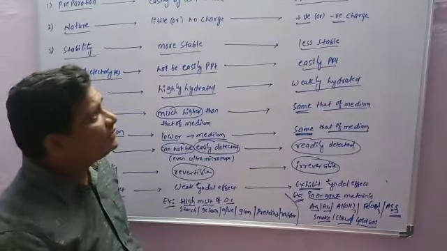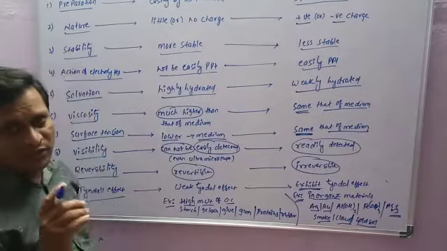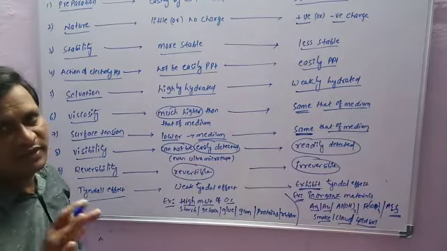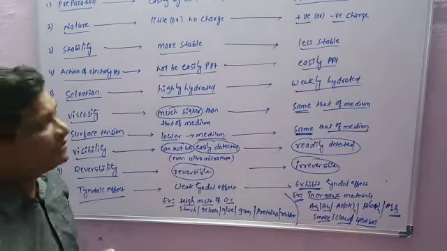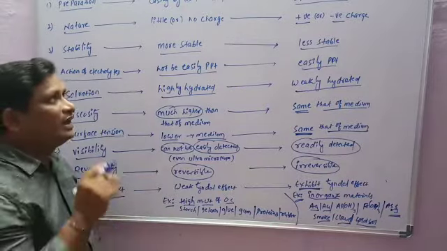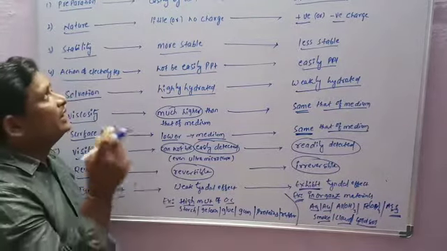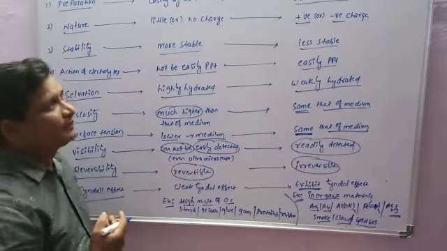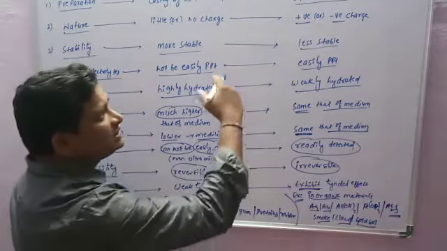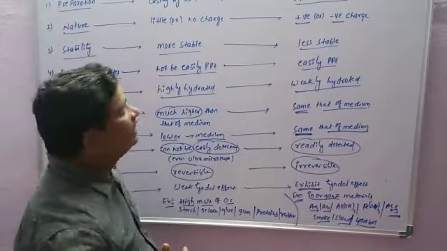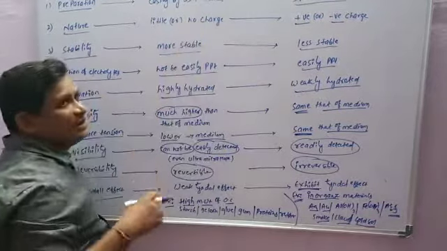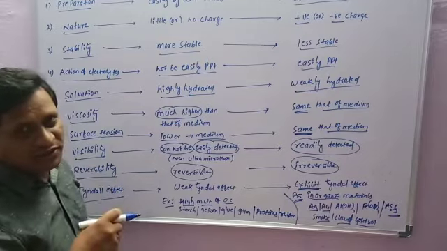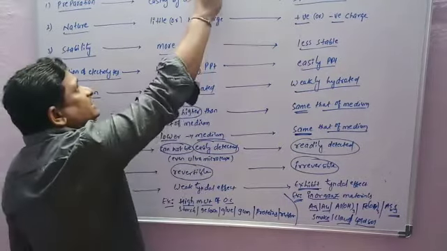So simply, the classification of colloids based on interactions between dispersed phase and dispersion medium is two types: lyophilic and lyophobic. Lyophilic sols are solvent loving, lyophobic are solvent hating. Solvent loving means much affinity, much interaction between dispersed phase and dispersion medium.